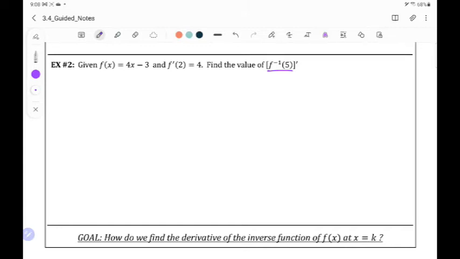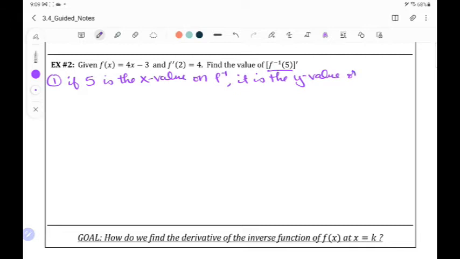We know, for example, that if what we're looking for is the f inverse of 5 prime, then if 5 is the x value on f inverse, it is the y value on f of x. And I should have written right here f inverse of x. Let me fix it. I meant f inverse of x. Right here I changed it. So if 5 is the x value on f inverse of x, it is the y value on f of x.